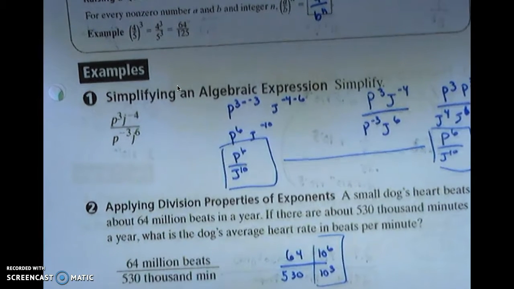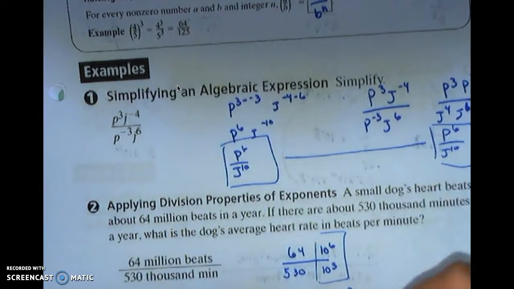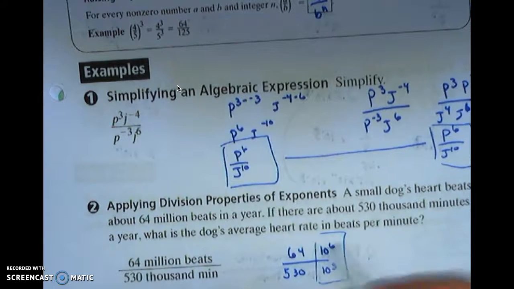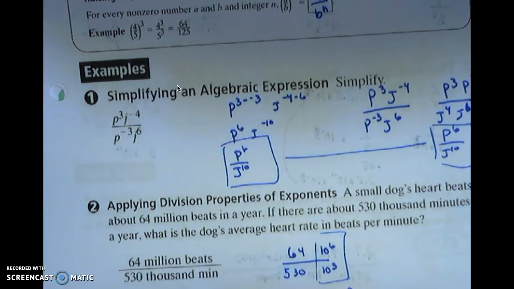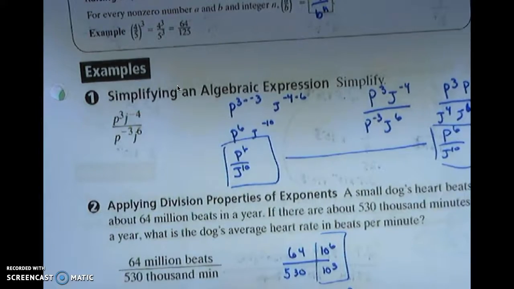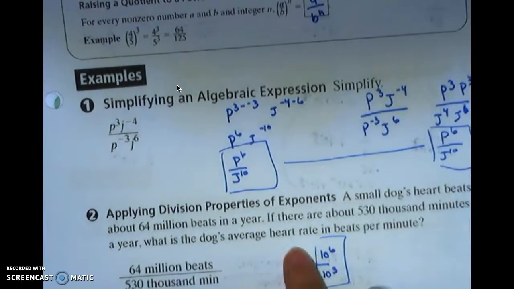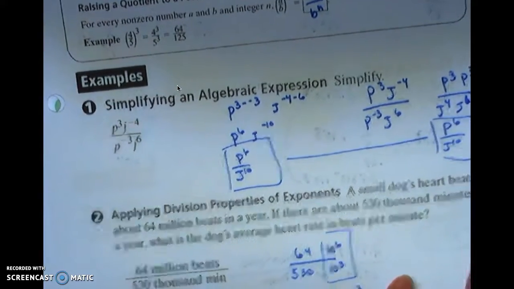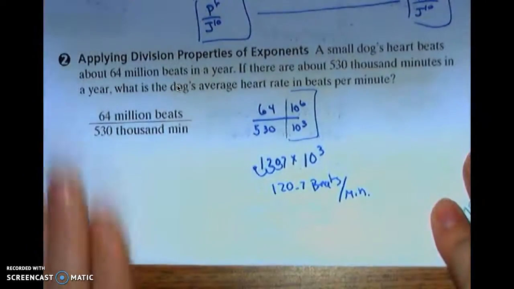If this were me, we would then write this in scientific notation, but standard notation is probably going to work just fine here. We move the decimal over 1, 2, 3, and that's about 120.7 beats per minute.